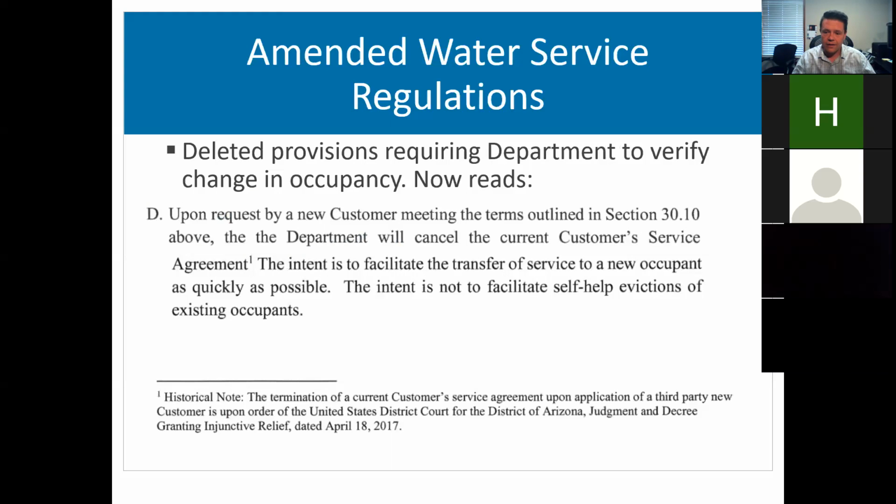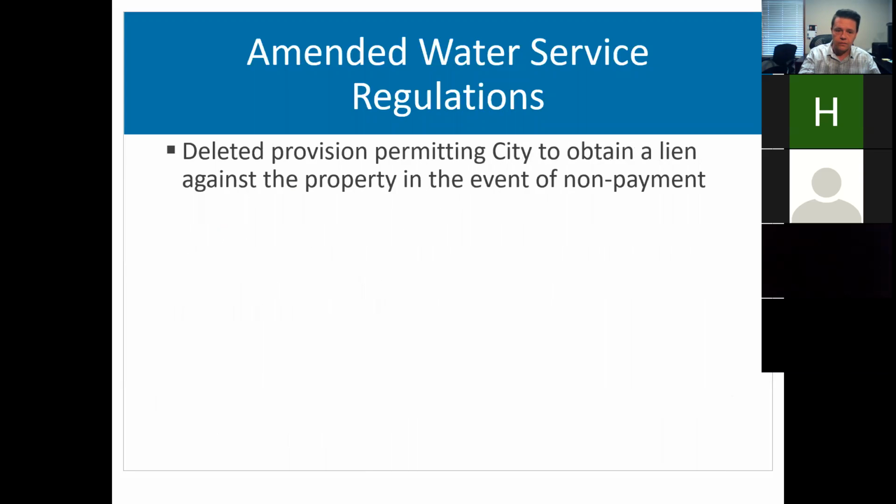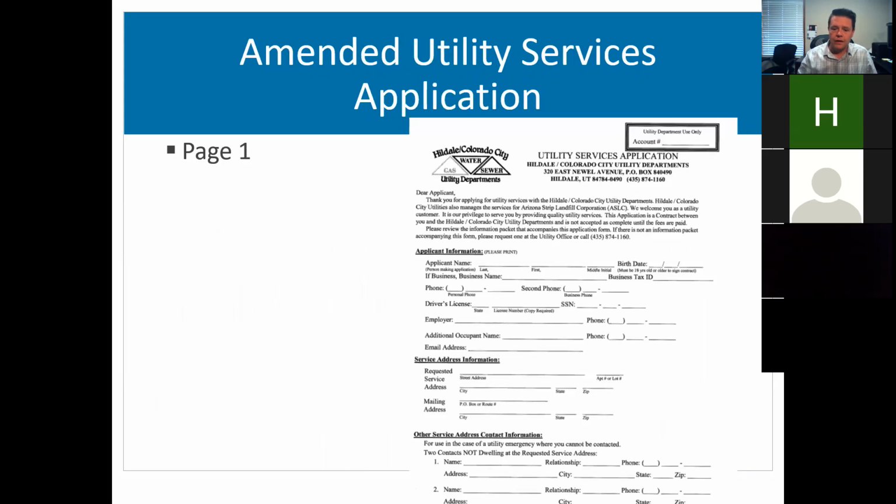And the terms outlined in section 30.10 have to do with providing that sworn statement and that documentation that they have authority to get utility service at that location. There were also provisions that allowed the cities to obtain liens against customers' property in the event of non-payment. Those provisions have now been deleted.